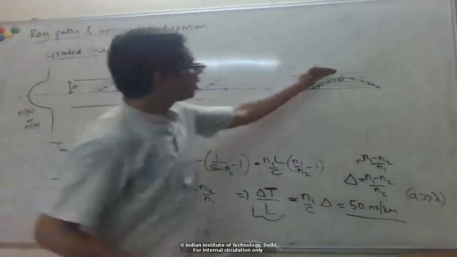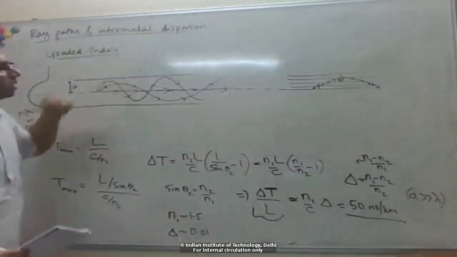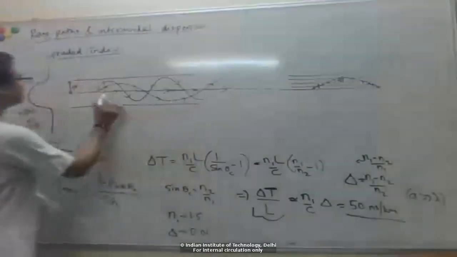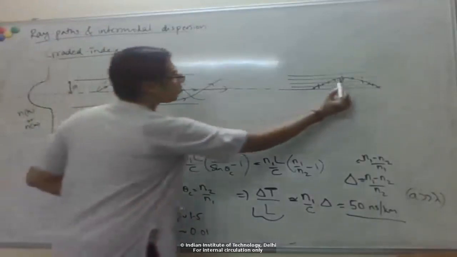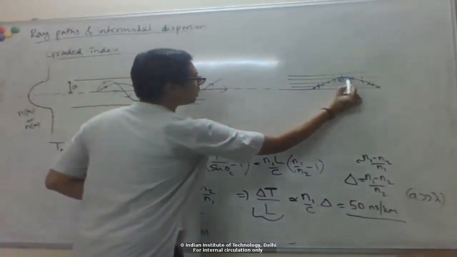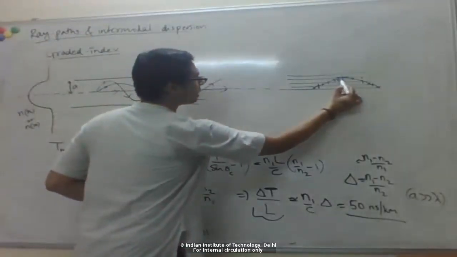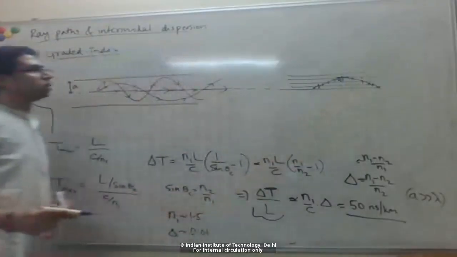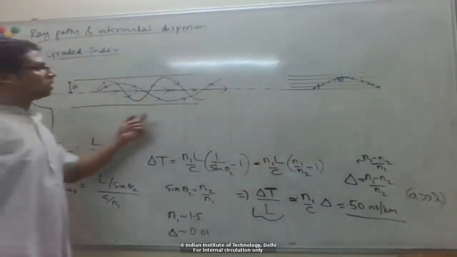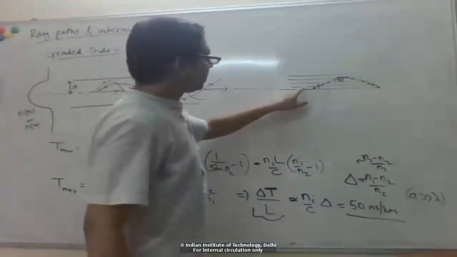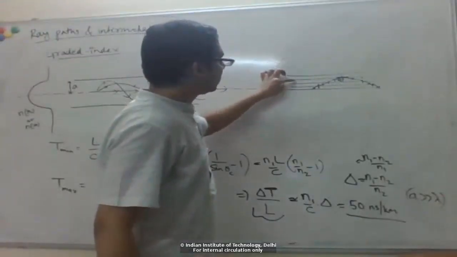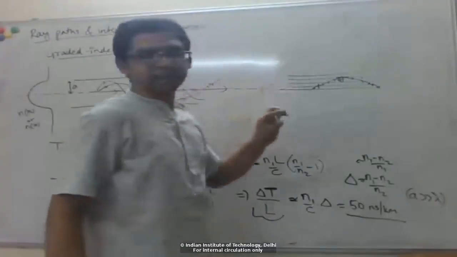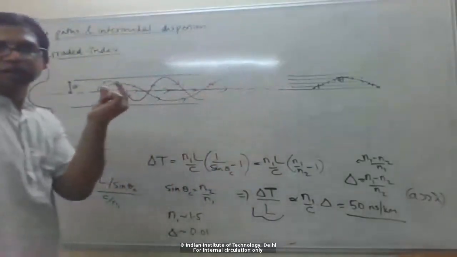Right? So the continuous limit of this will be some smooth curve like this. The turning point here happens where, for that particular layer interface, the angle becomes critical, right? And since the refractive index is varying continuously, as we make these layers thinner and thinner, the refractive index difference between each layer is smaller and smaller, right?